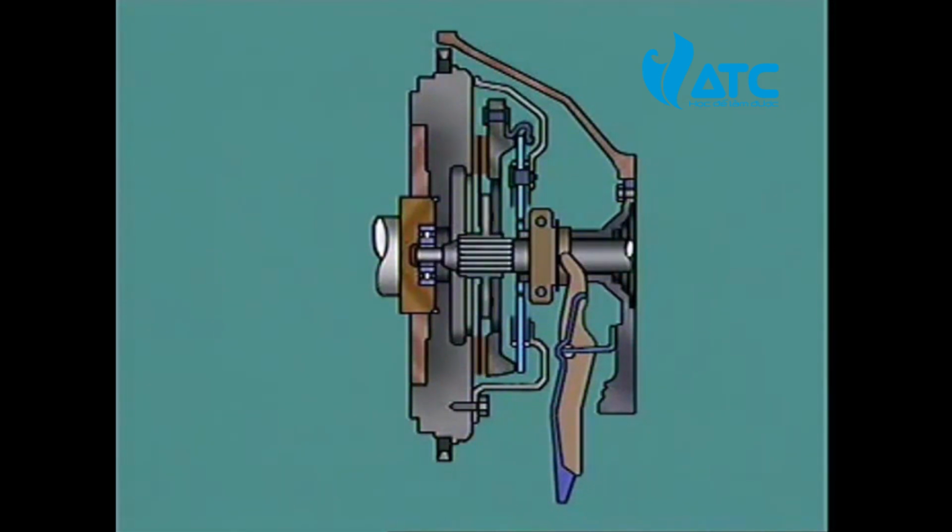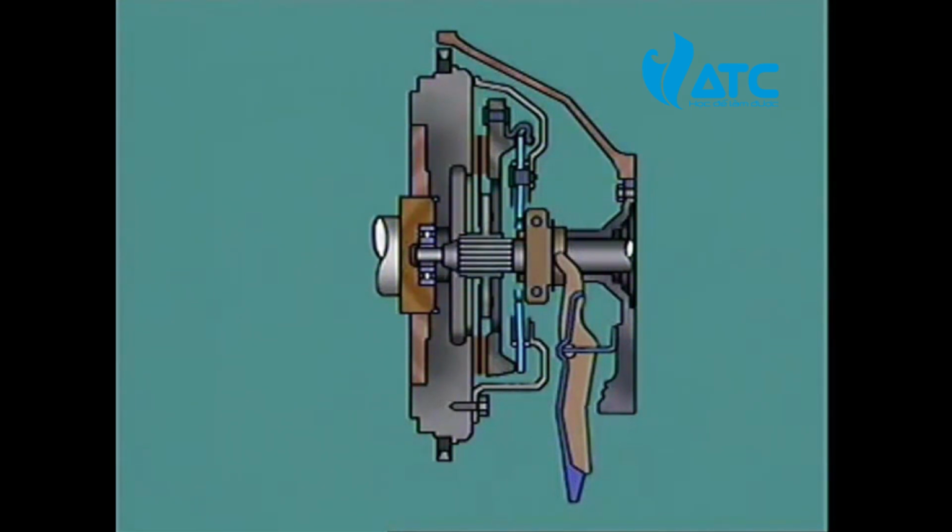When the clutch pedal is depressed, the movement is transferred through the operating mechanism to the operating fork and the release bearing. The release bearing moves forward and pushes the center of the diaphragm spring towards the flywheel.